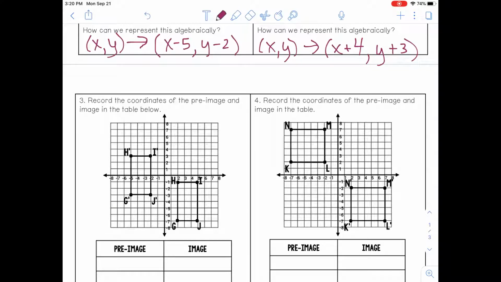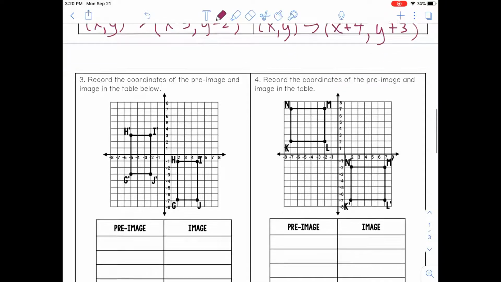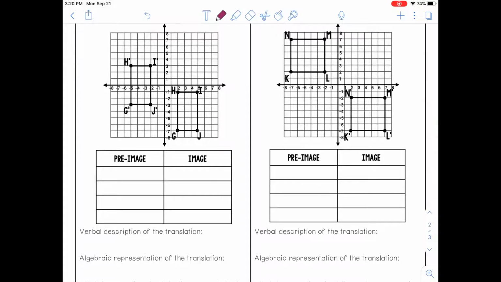And that's the same thing here. We're just looking at the images are both drawn. Oh, let's go ahead and do it. Okay, so notice the pre-image, you have to look. This one says prime, this one does not. So our pre-image is this figure. So H is at 2, -1.